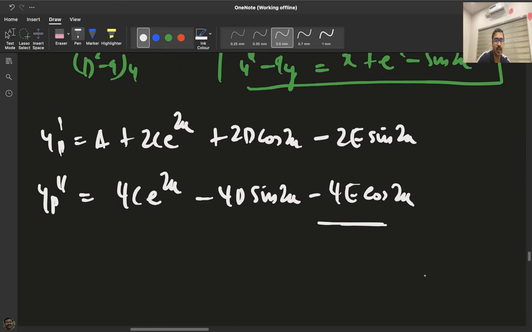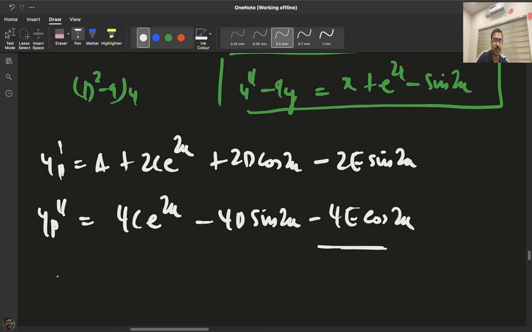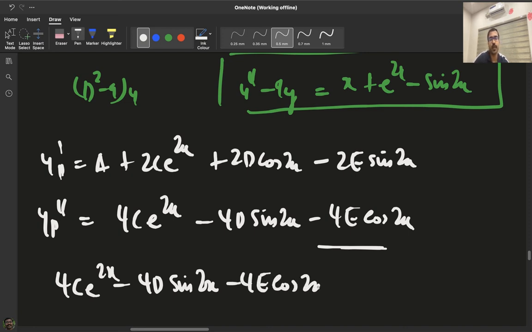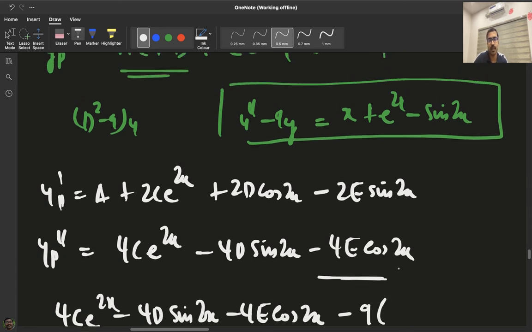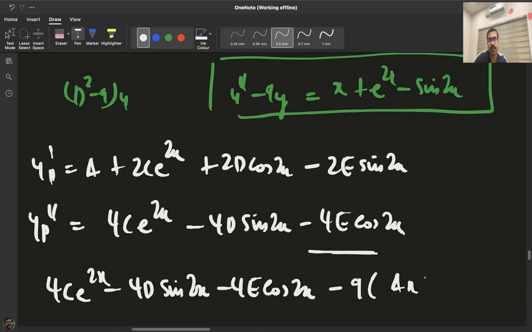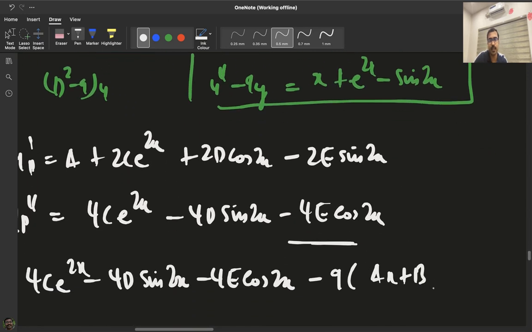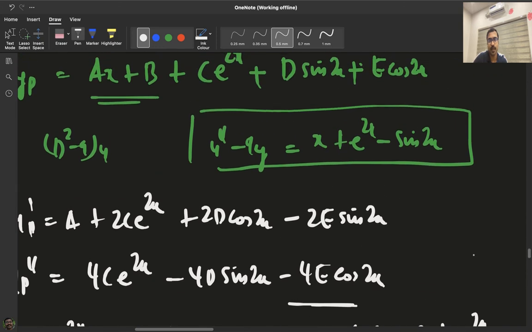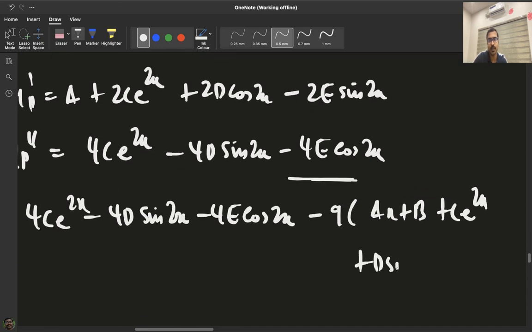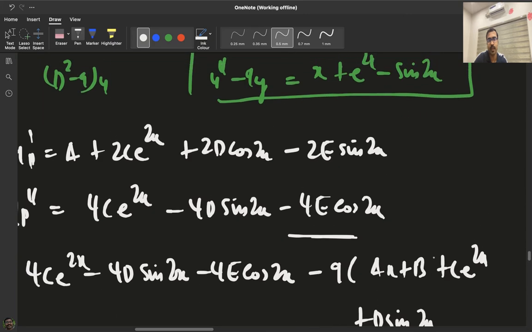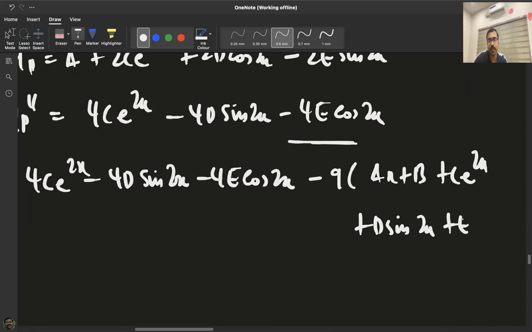So what will you get? Just be careful, you can make mistakes there. 4c e raised to 2x minus 4d sin 2x minus 4e cos 2x, minus 9 into y, which is a x plus b plus c e raised to 2x plus d sin 2x plus e cos 2x, and that will be equal to your RHS.